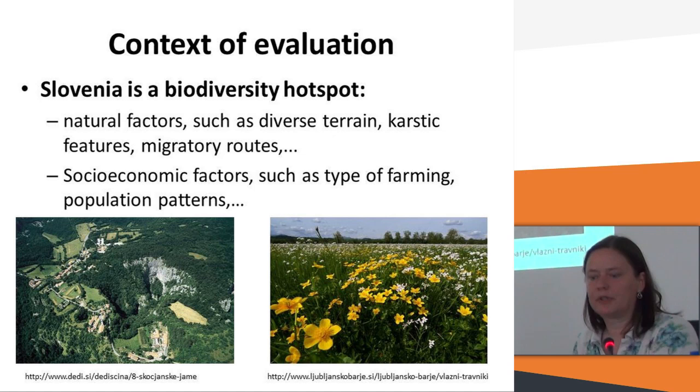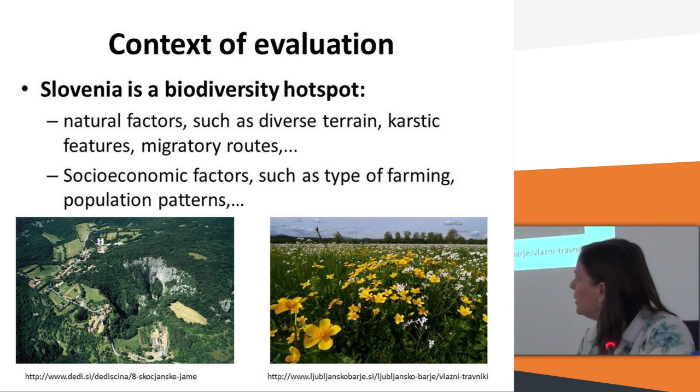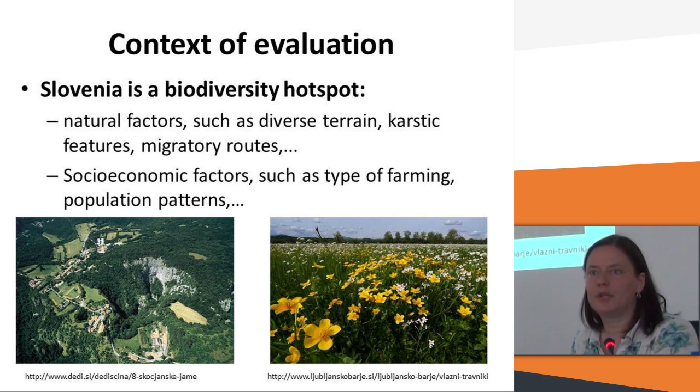In terms of biodiversity, Slovenia is quite a hot spot. There are many natural factors. We have very diverse soil, bedrock, diverse terrain. We have strong karstic features, especially in the southwest. For example, there on the left, it's Škocjanske Jame UNESCO park.